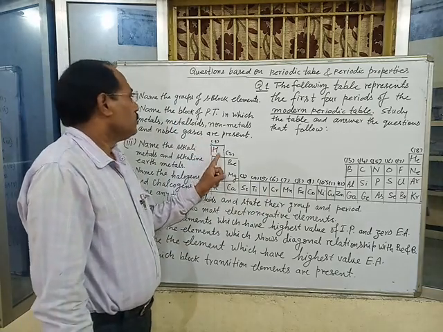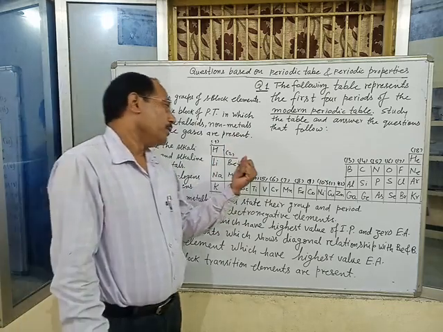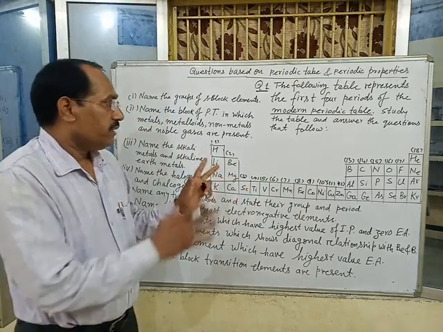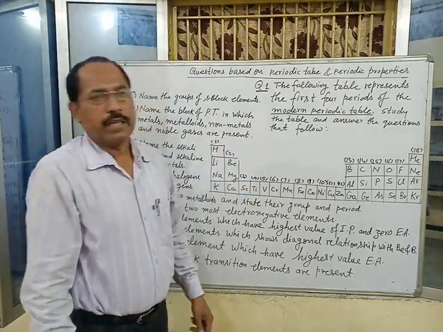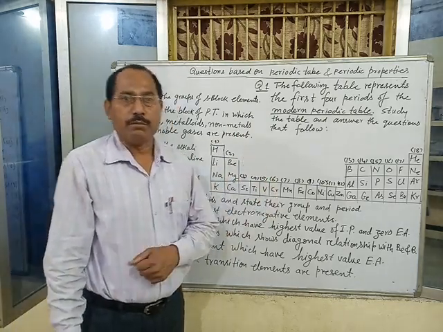Group 1 to group 18. So in case of IUPAC periodic table, there are 18 columns or 18 groups in modern periodic table, or you can say IUPAC periodic table.